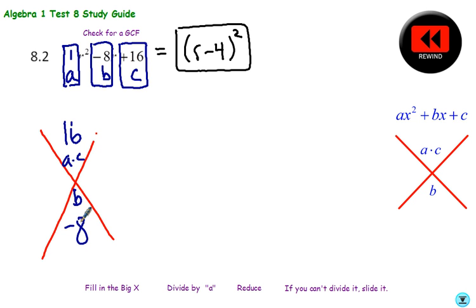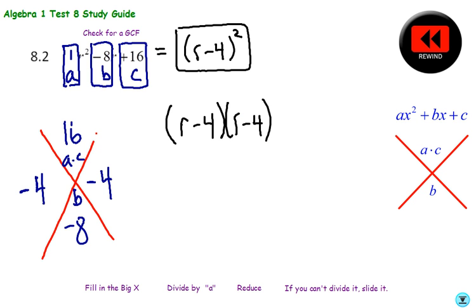I'm thinking 4 and 4. And to get 4 and 4 to add up to a negative 8, they would both need to be negative. And if I multiplied negative 4 times negative 4, that gives me a positive 16. So that works too. All right, so no greatest common factor I got to worry about. So let me just throw down here r minus 4, r minus 4.